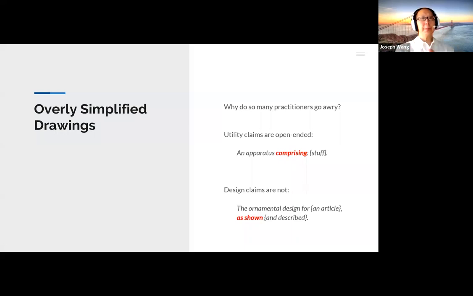The first one here is that a lot of applications are filed with overly simplified drawings, and this just comes from a very natural inclination from utility-minded folks trying to be broad.